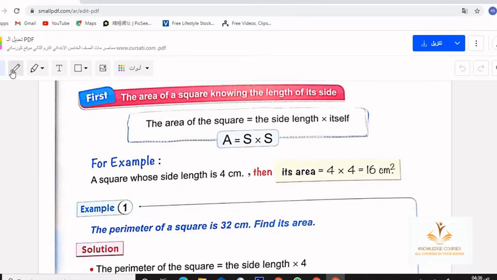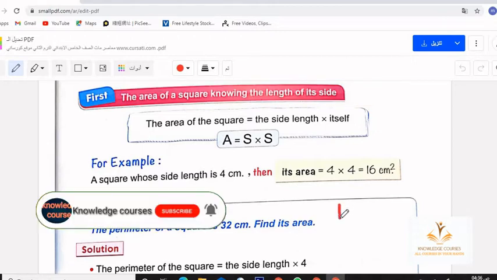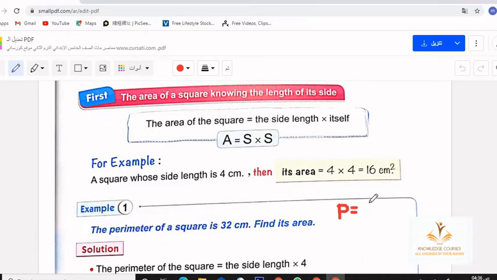The perimeter of a square equal 4 multiply S. When the perimeter equal 32, so S equal 32 divide 4. S equal the perimeter divide 4 equal 8.